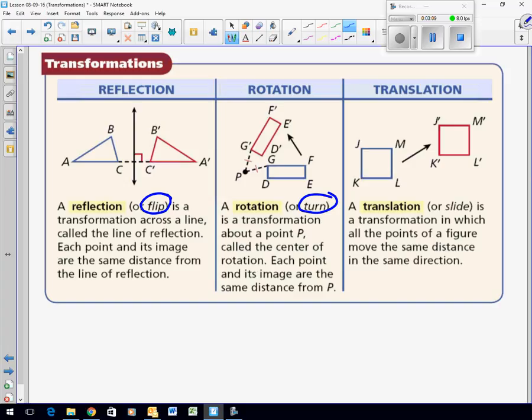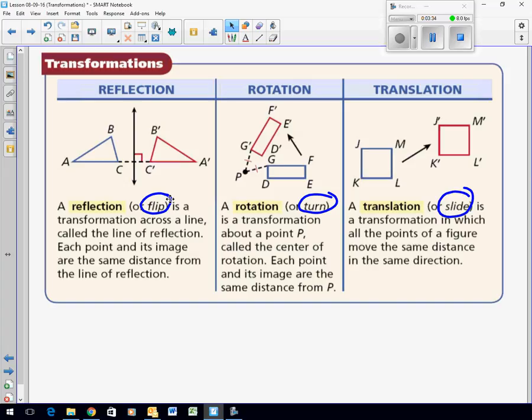Then we have a translation, or a slide. That's where we slide all the points of the figure the same distance and the same direction. So if we're going to translate something, we'll translate left or right, up or down. Everything translates left, everything translates right, everything translates up, or everything translates down.